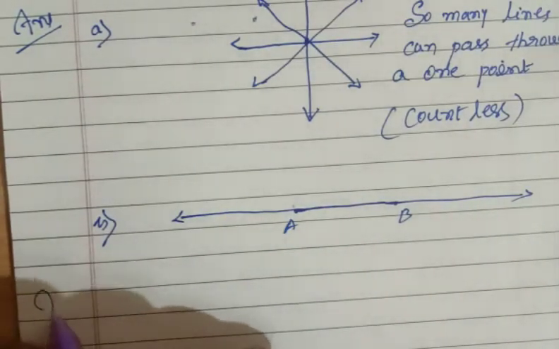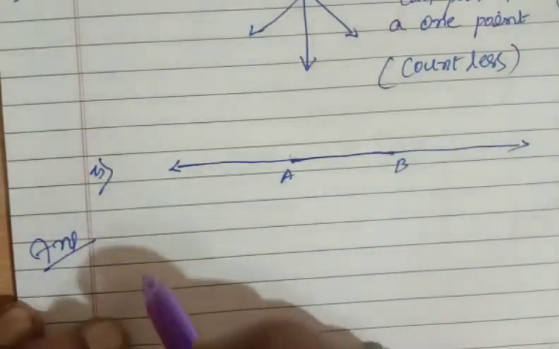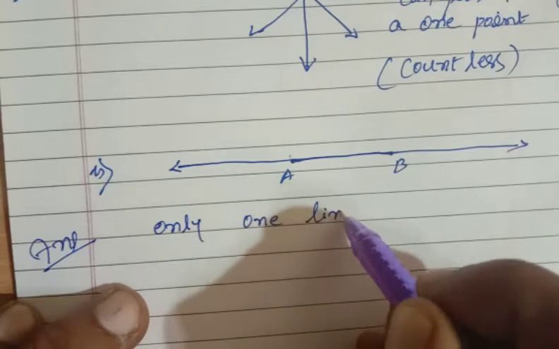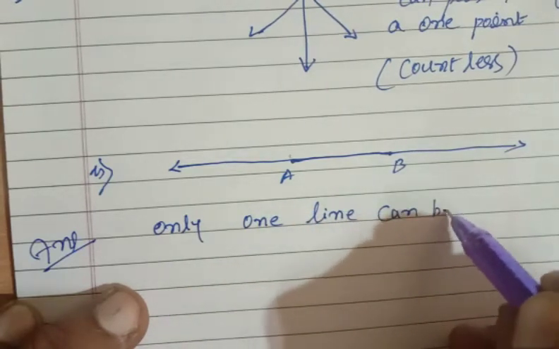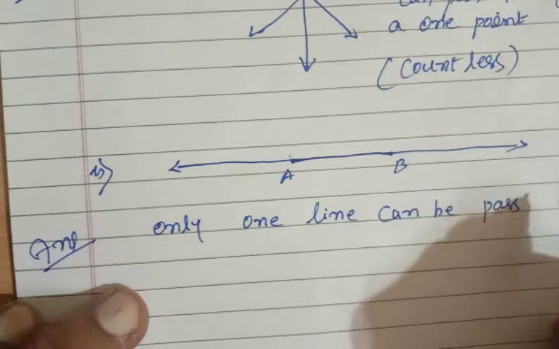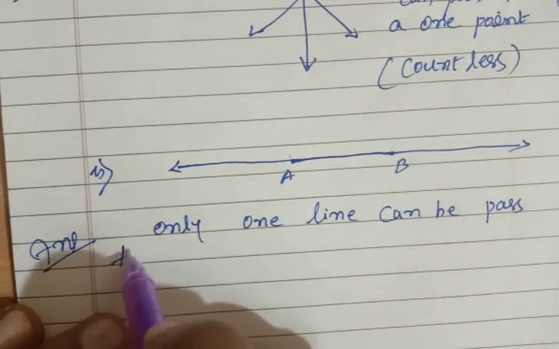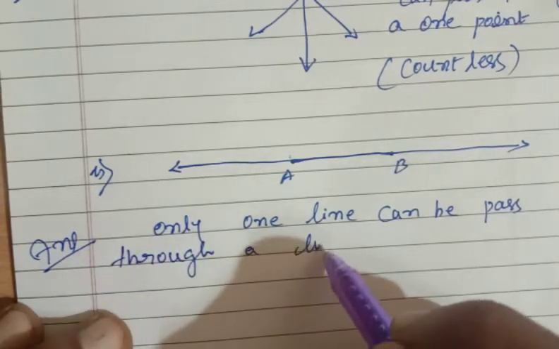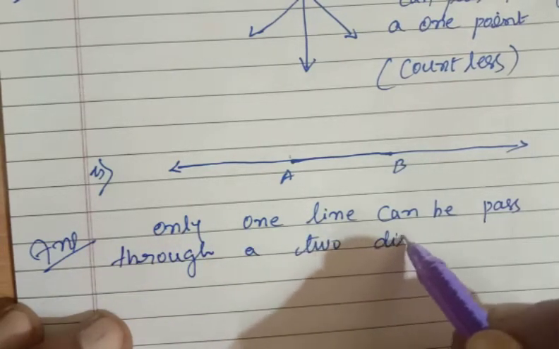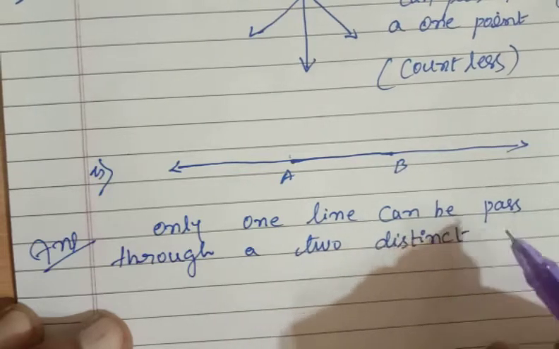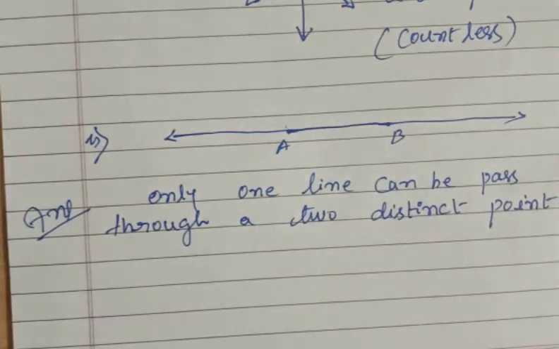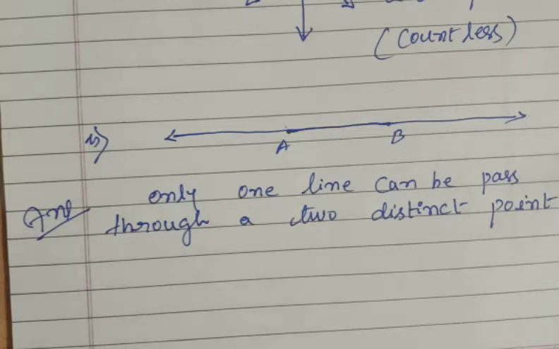So the answer is only one line can pass through two distinct points.